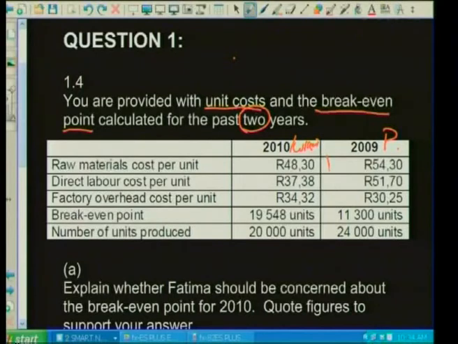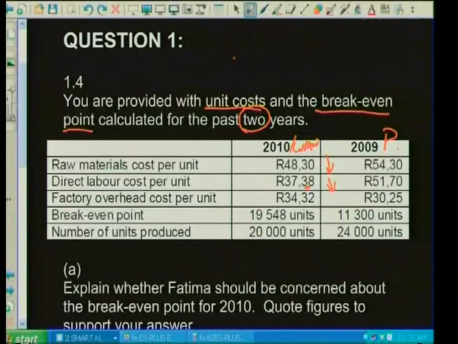It's now dropped or decreased to 48 Rand and 30 cents. Direct labor cost per unit, it was 51 Rand 70 cents, and we notice it has also decreased, it's also dropped to 37 Rand 38 cents.